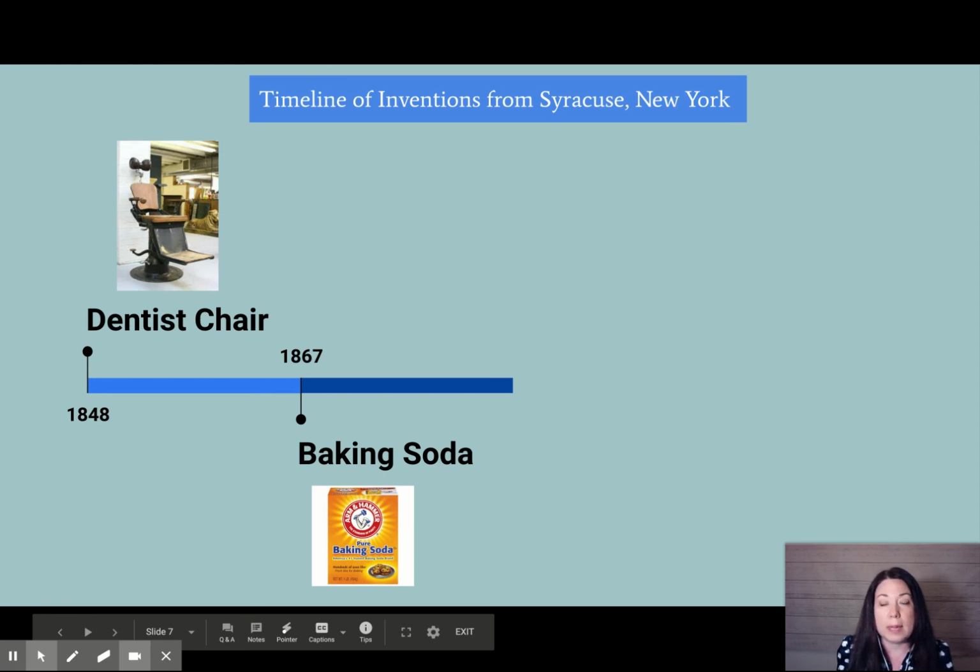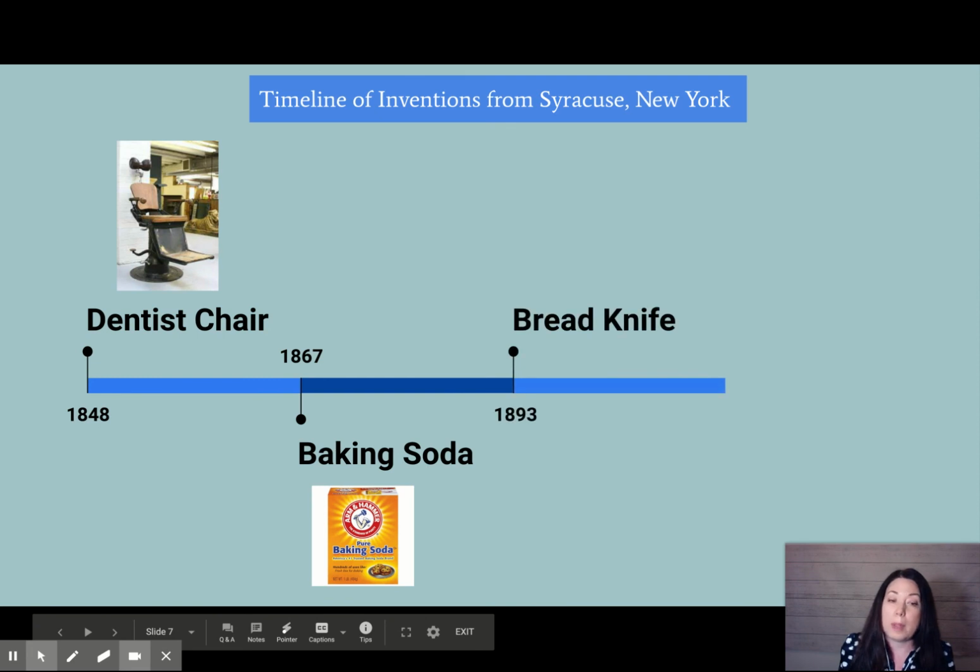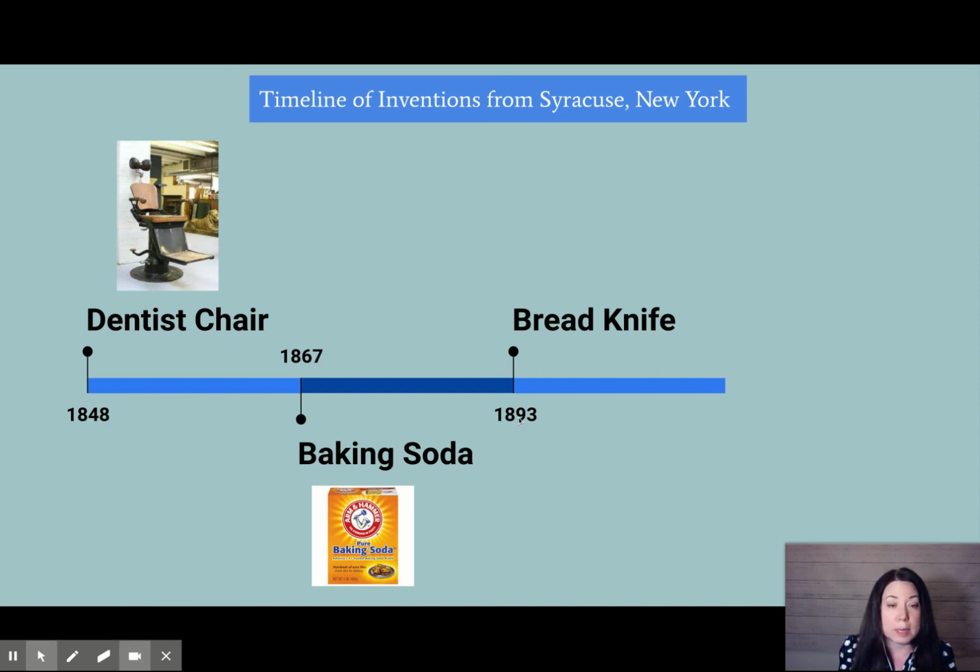And now we're going to add the very last thing to our timeline. Bread knife, 1893. Look, 1848, 1867, 1893. The numbers are getting bigger. They're getting later or more recent in time. And here's a picture of a bread knife.